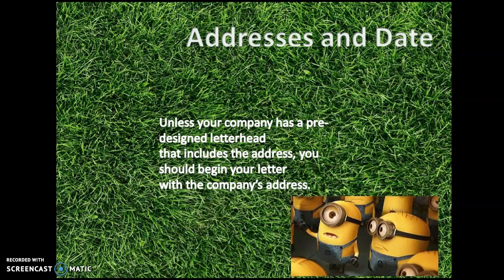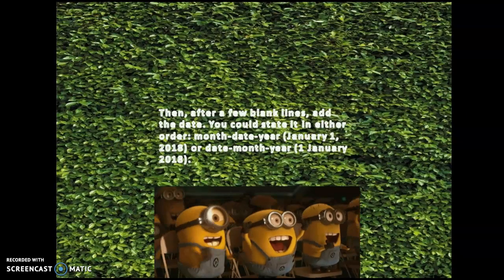Unless your company has a pre-designed letterhead that includes the address, you should begin your letter with the company's address. Type it out on the top left corner of the paper, or right corner if that's your company's preference. This is the example.